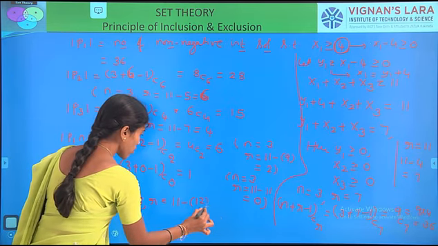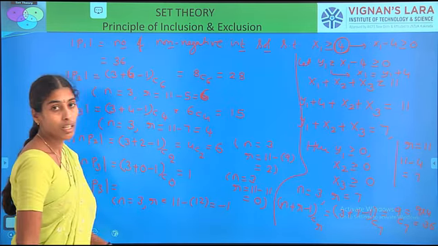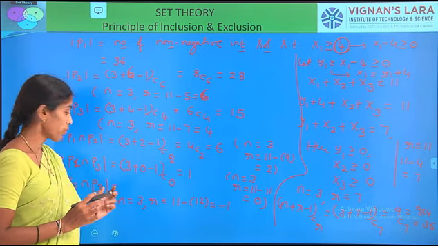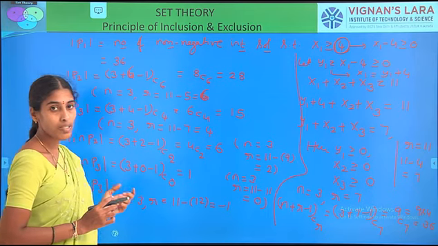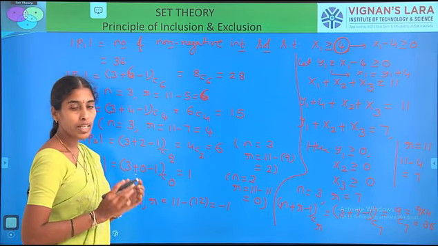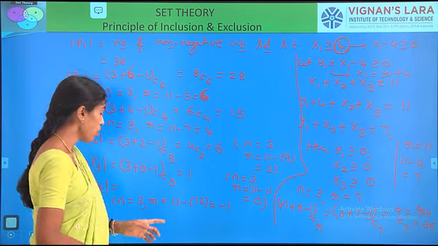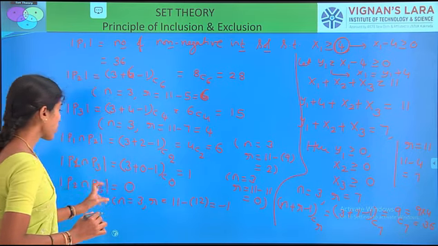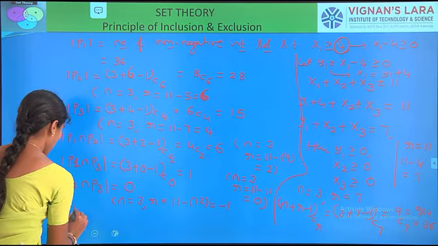So 11 minus 12, value is minus 1. Coming to the combinatorics part, combination exists, which is possible only if both n and r values are positive, but here n value is positive, r value is negative. So P2 intersection P3 value is 0.